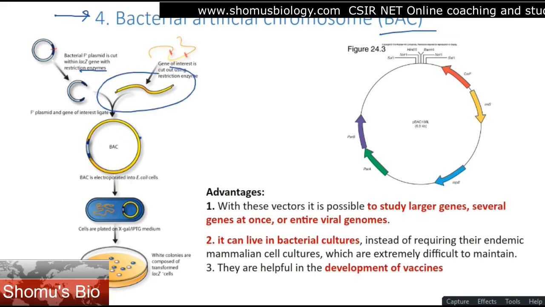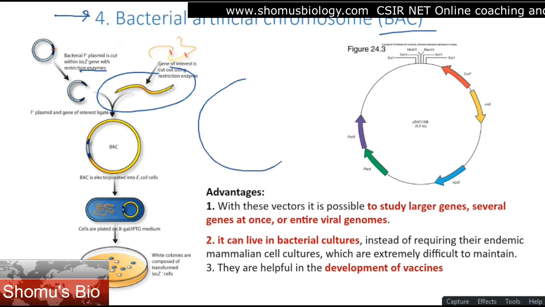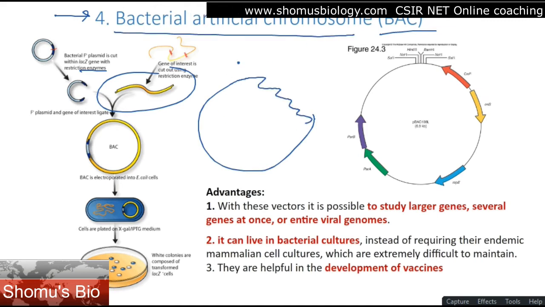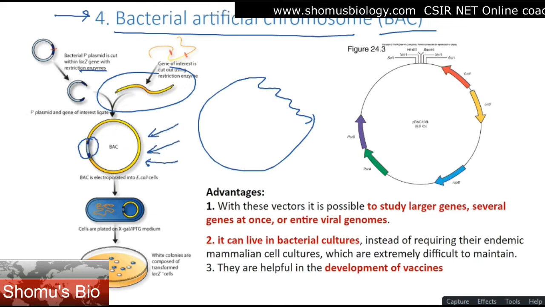Now BACs are totally different because, when we talk about the plasmid and cosmid, till this point we know the rest of the plasmid DNA is big and the gene of interest is small, while in a bacterial artificial chromosome the concept is totally different, where you can see the vector size is very small and the insert it can hold is pretty big. A BAC can be used for cloning the entire genome of bacteria, of a prokaryotic organism.